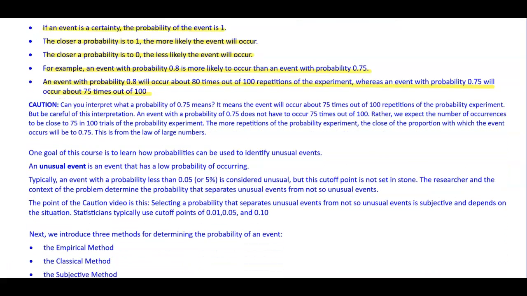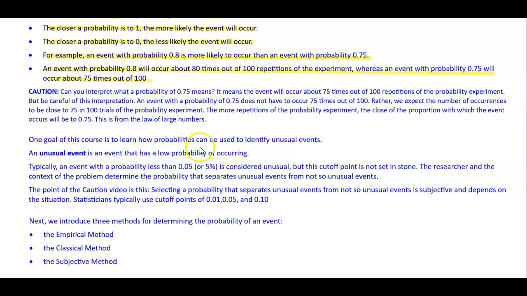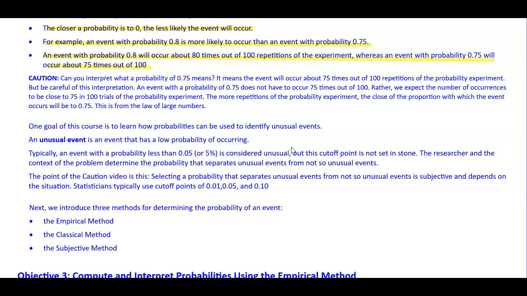Now, one goal of this course is to learn how probabilities can be used to identify unusual events. An unusual event is an event that has a low probability of occurring. Typically, an event with a probability less than 0.05 or 5% is considered unusual, but this cutoff point is not set in stone.